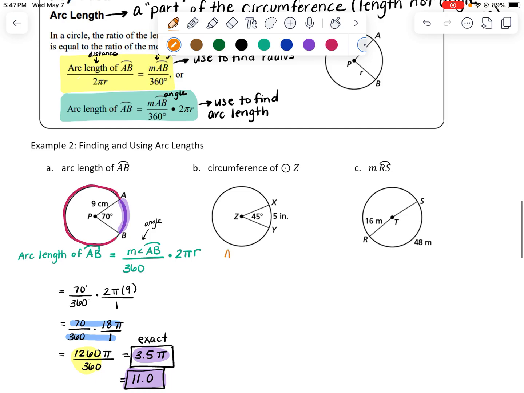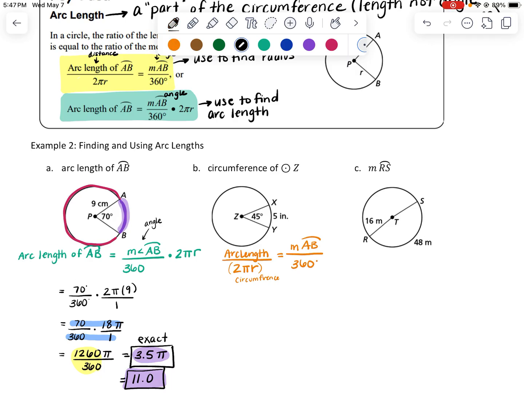So we're going to do the arc length over the circumference, 2 pi r. And remember, this whole thing is the circumference. And it's equal to the measure of AB, which is the angle, over 360 degrees.